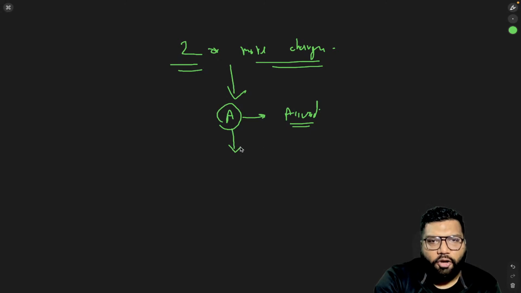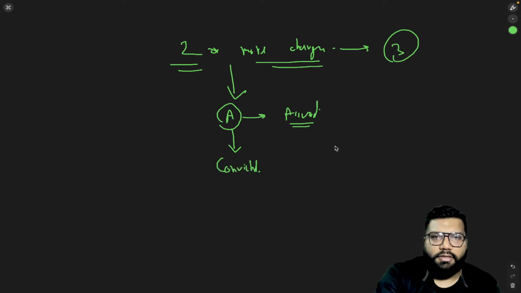Now, if Mr. A got convicted in all these charges, as per your example there are a total of 3 charges on Mr. A, and he got convicted in all those charges. Now, in that case, will the punishment be consecutive or concurrent?